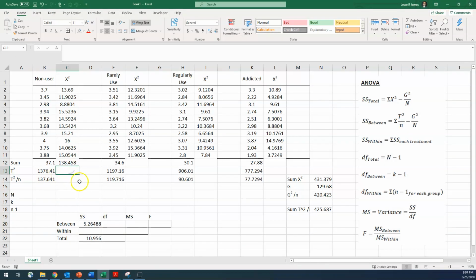And so we just take what we just did minus what we did before. Now, this right here is the sum of squares for this non-user group.